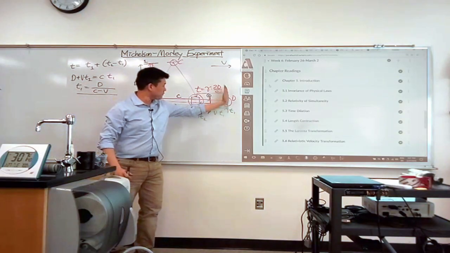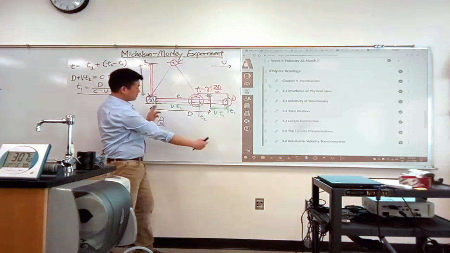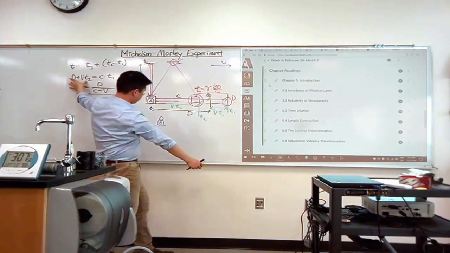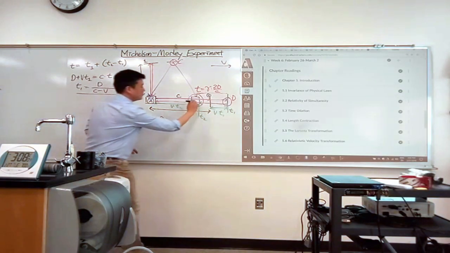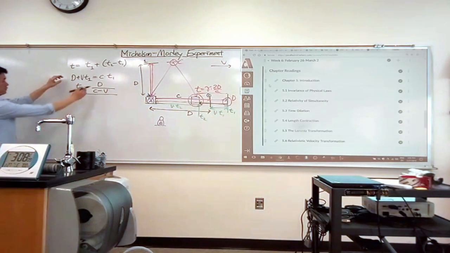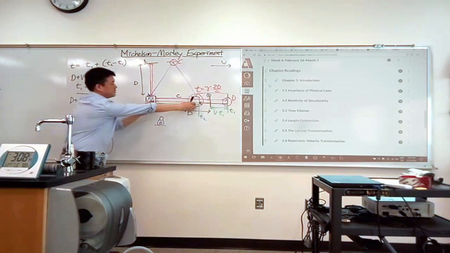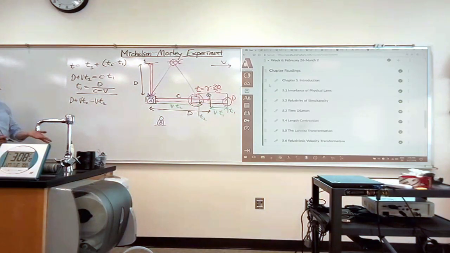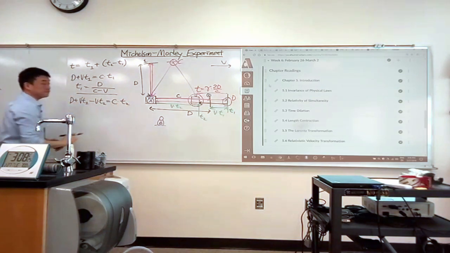Okay. And I can figure out T2 minus T1 as well. The light is starting from this point, so it's traveling this distance, d plus v t1 minus this bit here, v times t2. That should be equal to speed of light times t2.